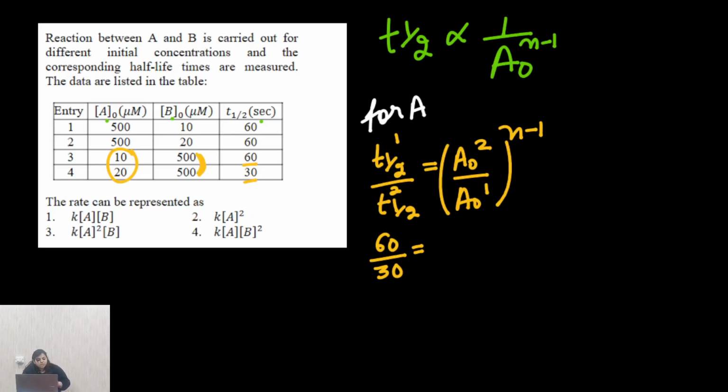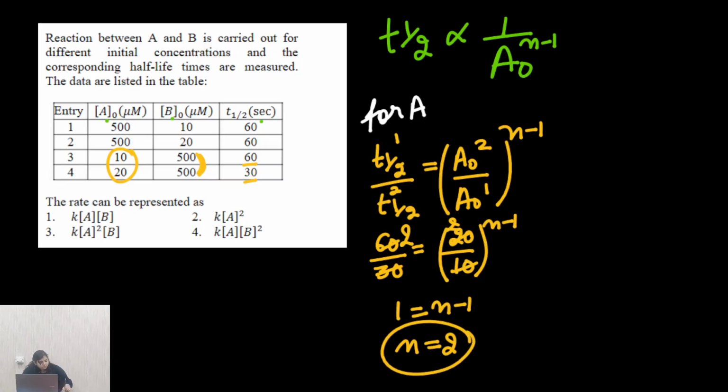So when the T half is 60, the initial concentration of A is 10, and when T half is 30, the initial concentration is 20, raised to the power of n minus 1. So this becomes 2 and this is also 2, so that means 1 is equal to n minus 1. Bases are same, powers can be equated. So from here the n value comes out to be 2, which means with respect to A, a second order reaction is being followed.